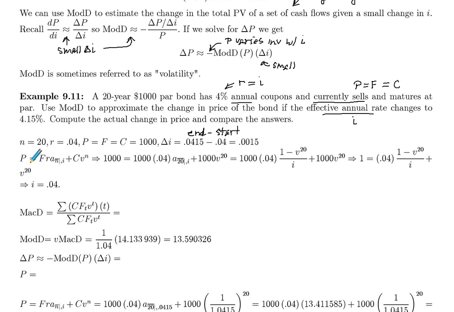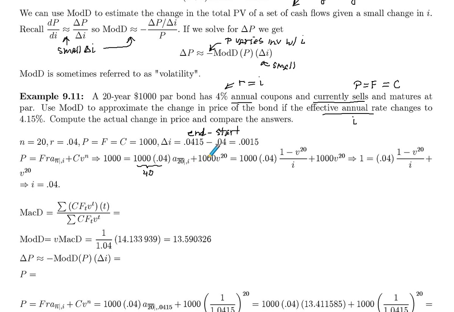So if we look at the cash flow formula for pricing this bond, the price is F r a angle N plus C v to the N. Our price is 1,000 here. Our coupons are 1,000 times 0.04, so $40 coupons. And then N is 20, so this is a angle 20 at I. And let's suppose that we didn't realize that the interest rate had to be the same as the coupon rate.